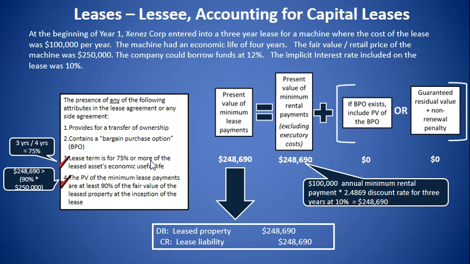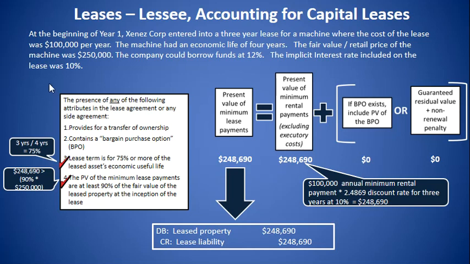So this would be a yes or a check mark. And that alone would make it a capital lease, but then we can go on and see the present value of the minimum lease payments are at least 90% of the fair value of the lease property at the inception of the lease. In this case, they are. So we'd also have a check mark for number 4. So in this case, this particular lease is obviously a capital lease.